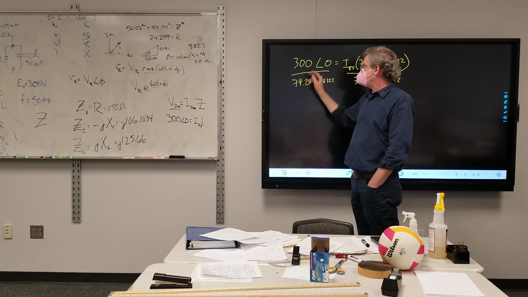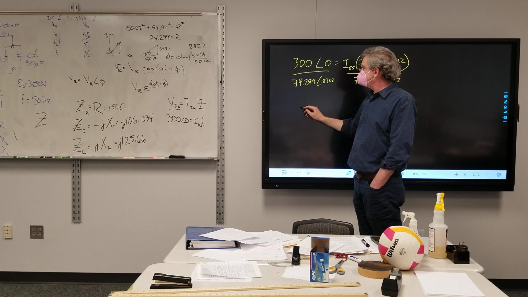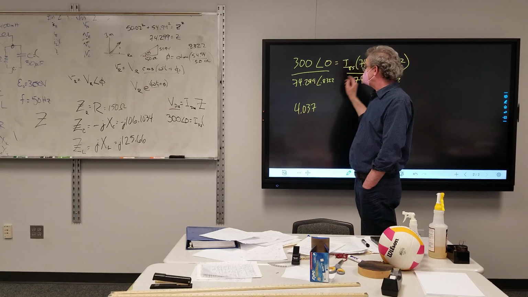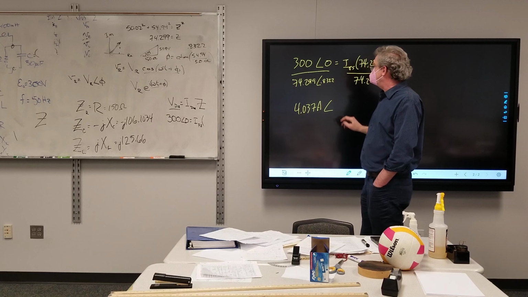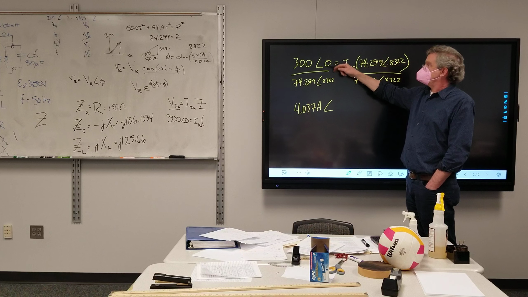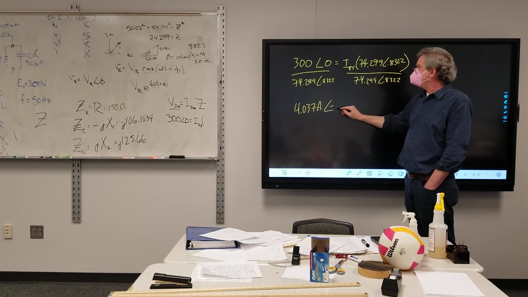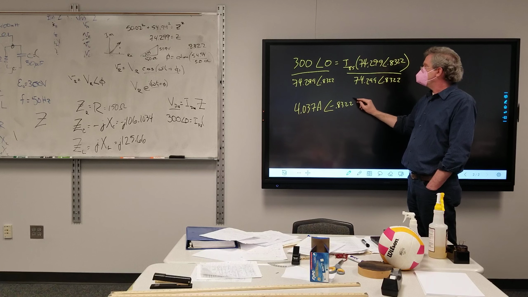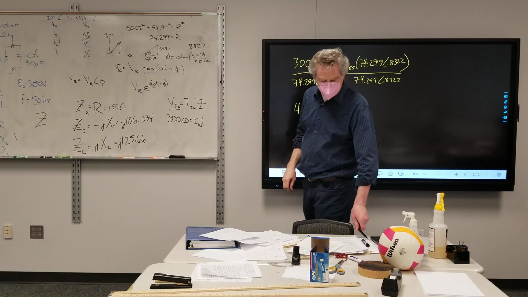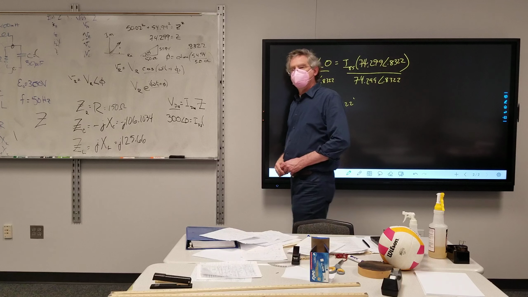So 300 divided by 74.299 is 4.037 amperes, because it's current. And for the angle, this is where this is convenient, I just subtract. Negative 0.8322. So when you have division, you just subtract the bottom angle from the top angle? Yep.